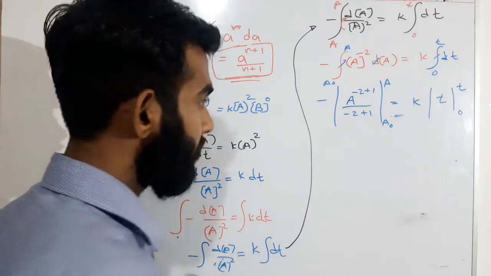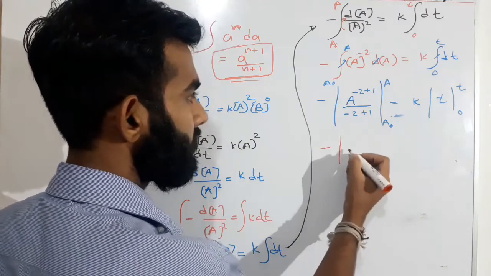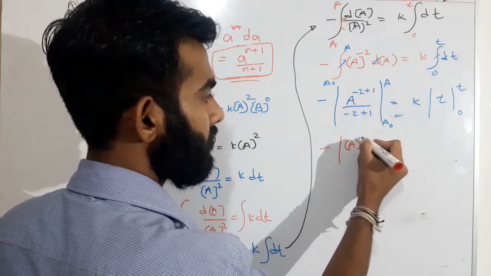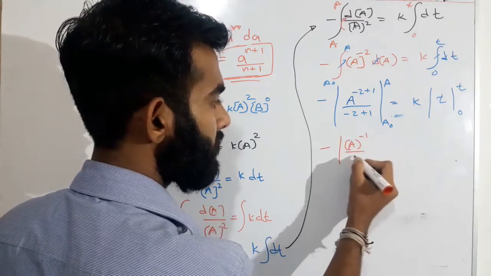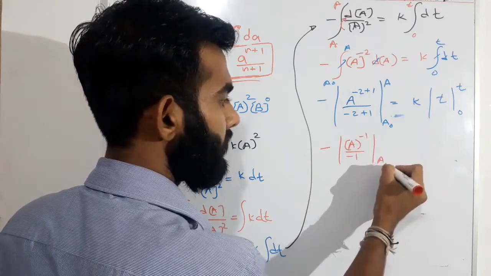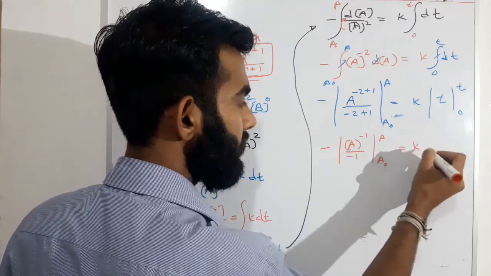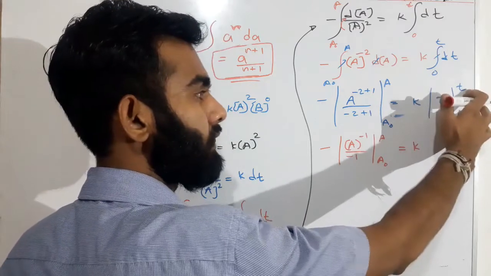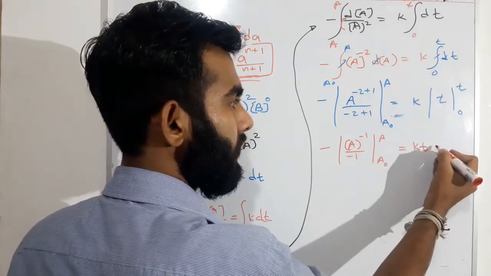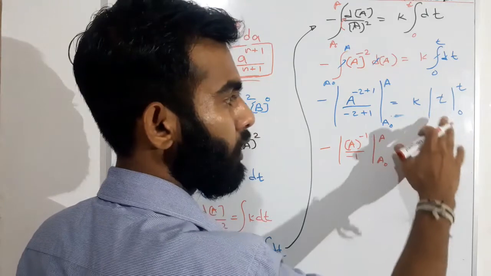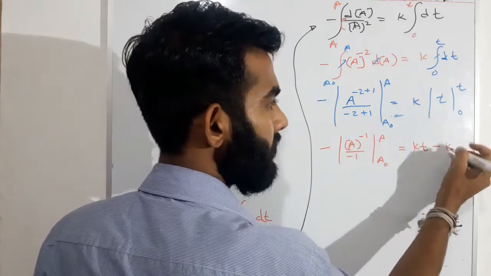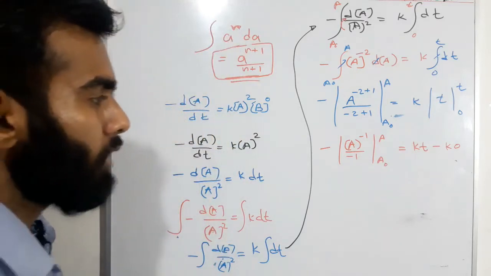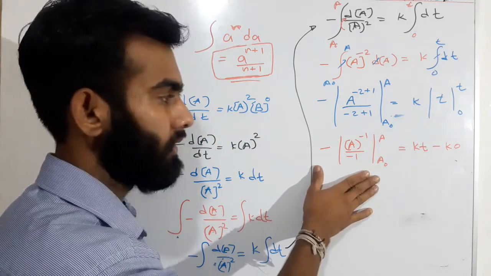Now we can simplify this equation. Minus, here negative 2 plus 1 means negative 1 divided by negative 1, a naught to a, K. We can simplify this term. We can substitute the upper limit t, and we have to deduct the lower limit K into 0. Okay. Now how can we simplify this term on the left side?